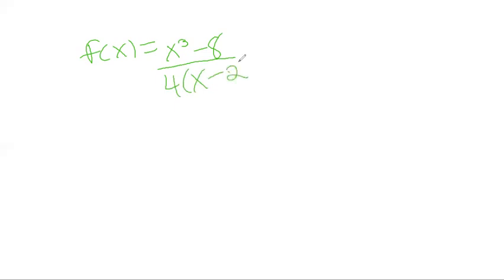So now suppose I have a function f of x equals x cubed minus 8 over 4 times the quantity x minus 2. And suppose they show us the graph. This is the partial graph, to say the least.